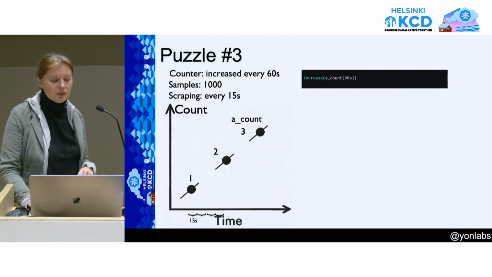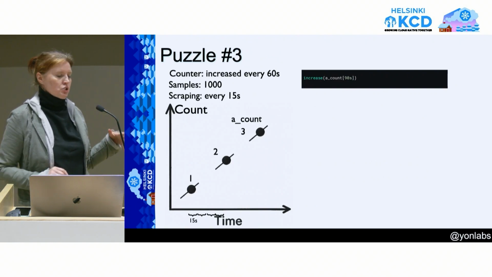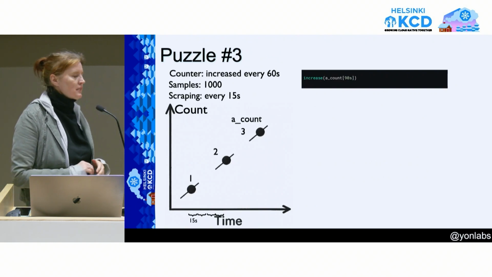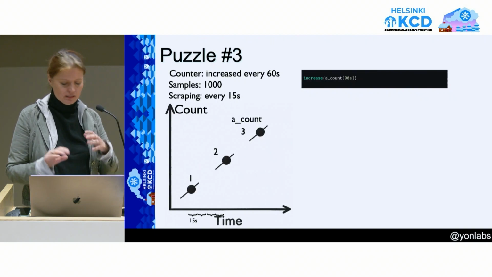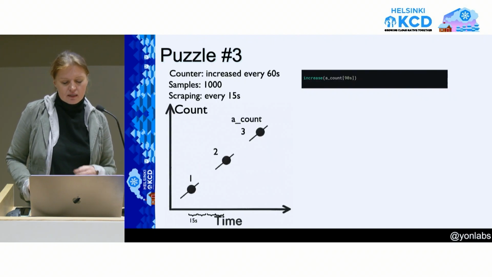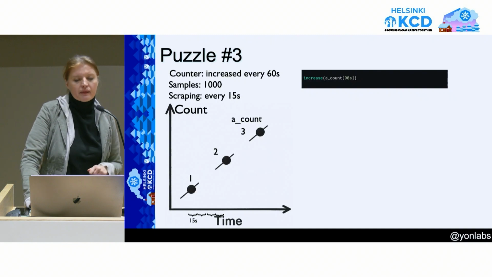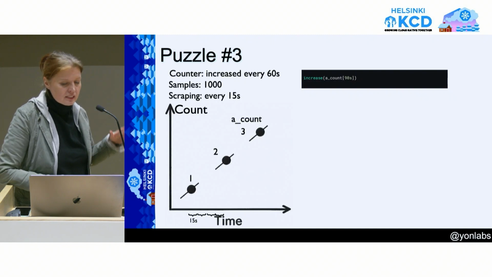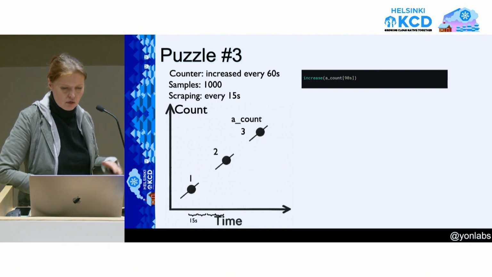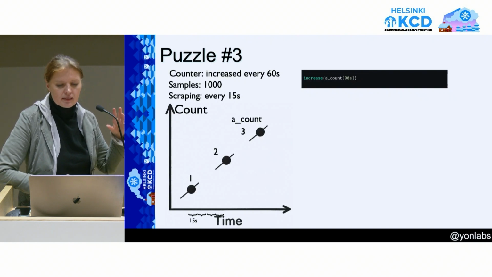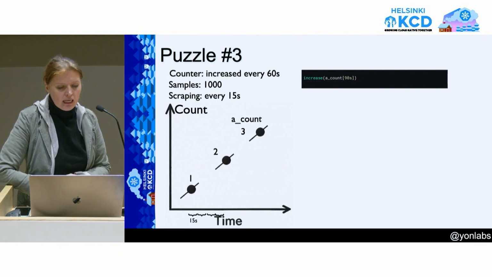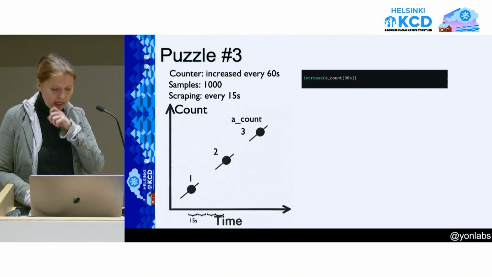So we had a problem with interpolation. Now it's time for extrapolation, which is done in Prometheus as well. So we have another puzzle. This time we have a single counter, a count. This counter is increased every minute, and the scraping interval is 15 seconds.